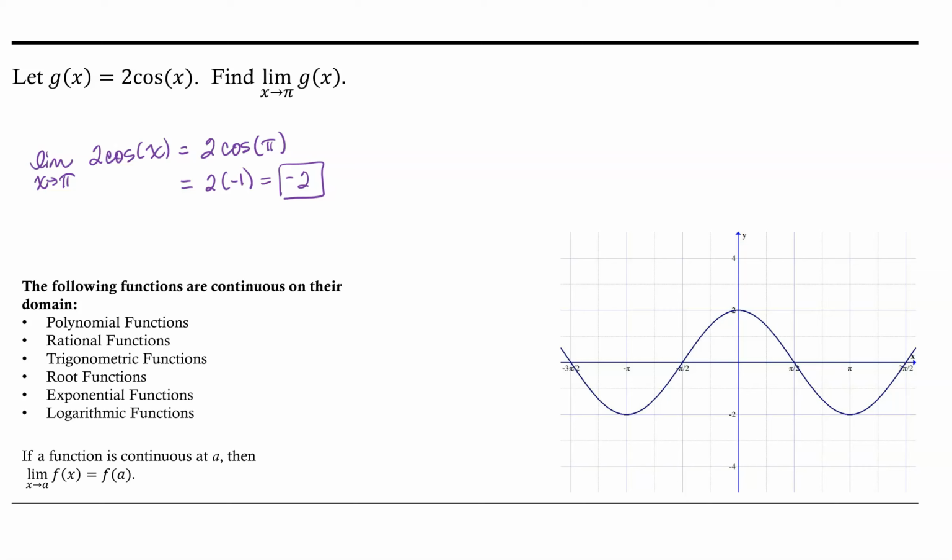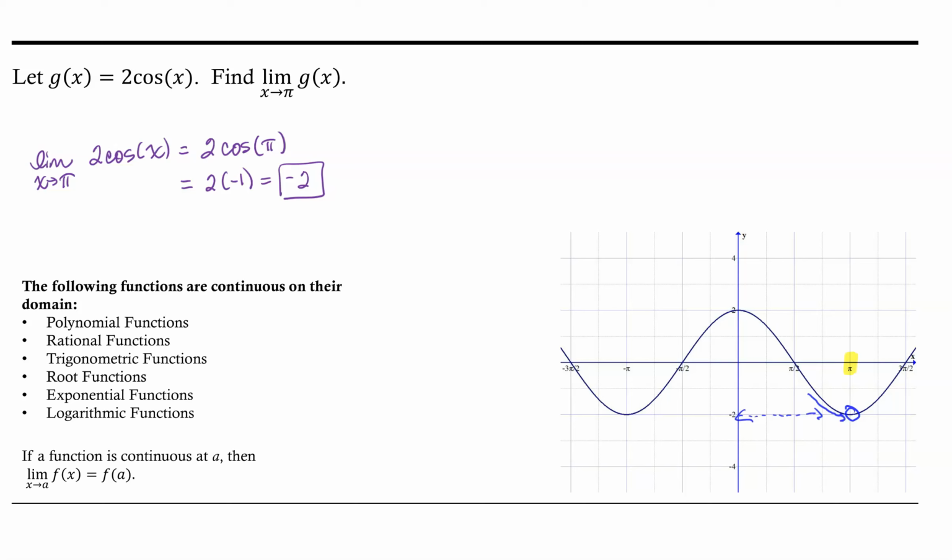And we can see that in the graph we have here on the lower right, because here is pi on the x-axis, and we're interested in what happens as x gets closer and closer to pi. So as we move along this curve, letting our x values get closer and closer to pi, notice that the output, or the y values, are getting closer and closer to -2.